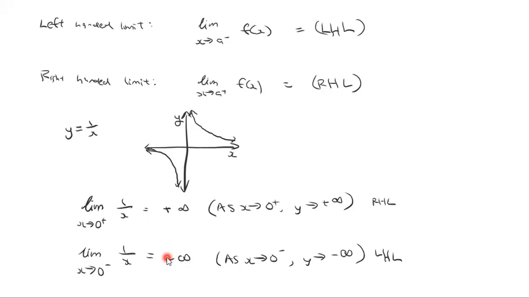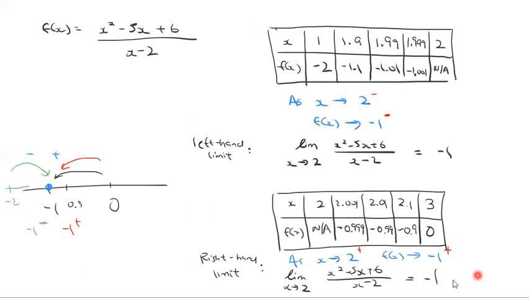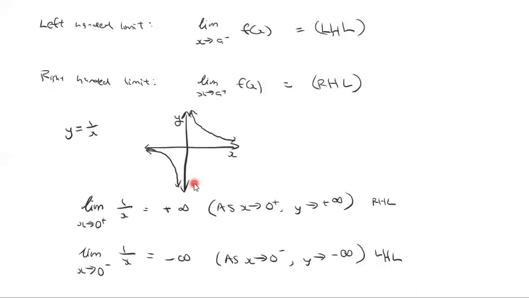No. And so we can definitely have situations where the right-handed limit and the left-handed limit are equal, like what we had here. And we can also definitely have examples where they are not equal, like here. So remember, there is the limit from the right-hand side, and there is the limit from the left-hand side.